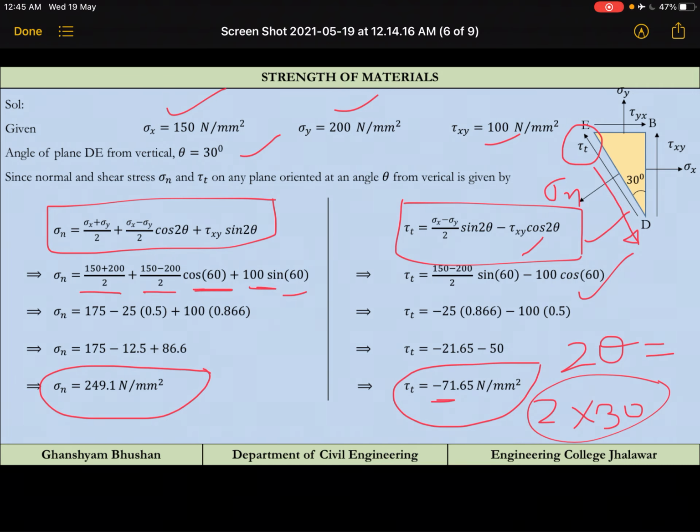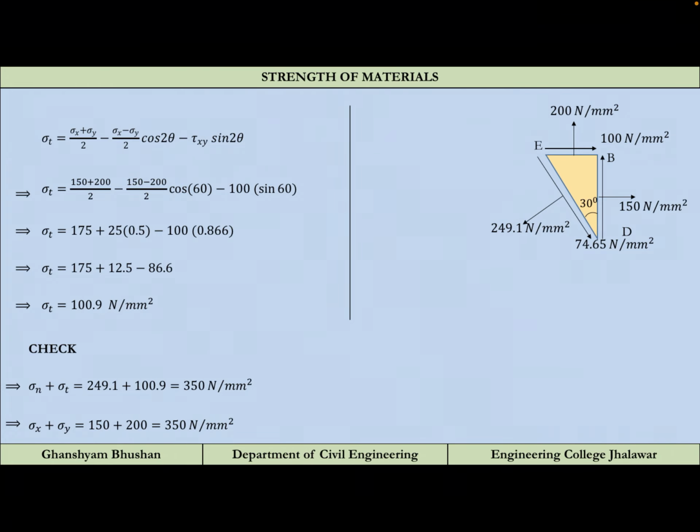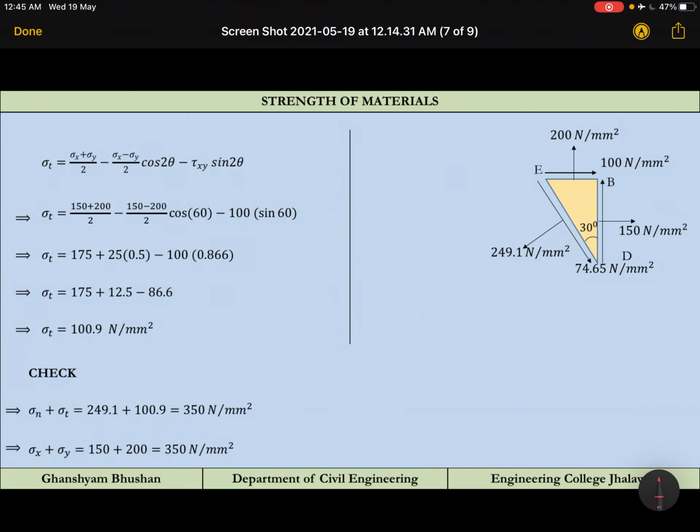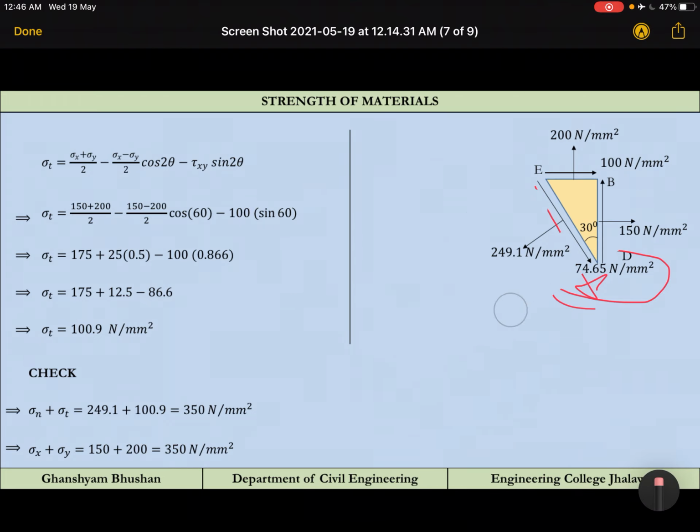So this we can interpret from the equation. So in this diagram you can see I have shown the direction of tau t is not this but this, because the sign was negative. If I am using this direction, then I have to write the minus sign. But I have shown you the direction, so no need to put the minus sign.